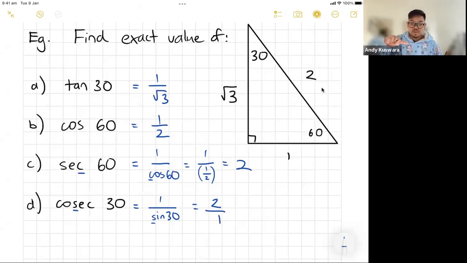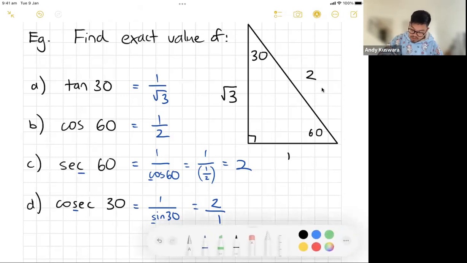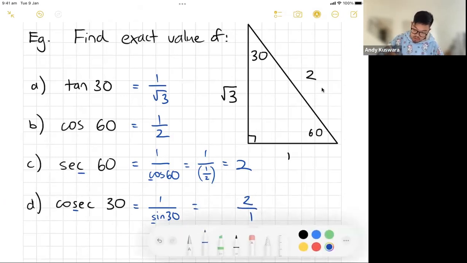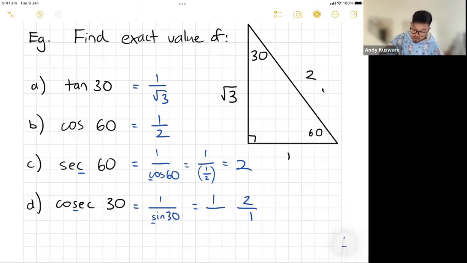So instead of 1 over 2, I'm going to write it as 2 over 1. And again, this is just me skipping steps. If you wanted to do the whole thing, it would be 1 over sine 30, which is a half, and that just ends up flipping my fraction upside down. So 2 on 1, the same thing as 2.